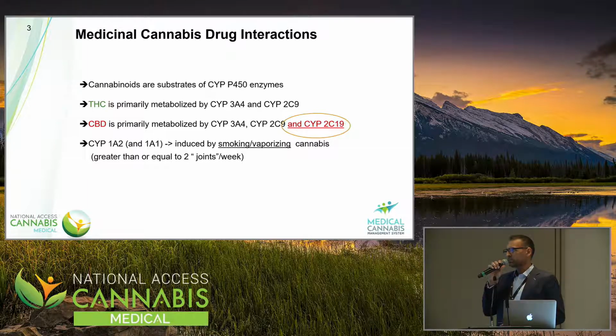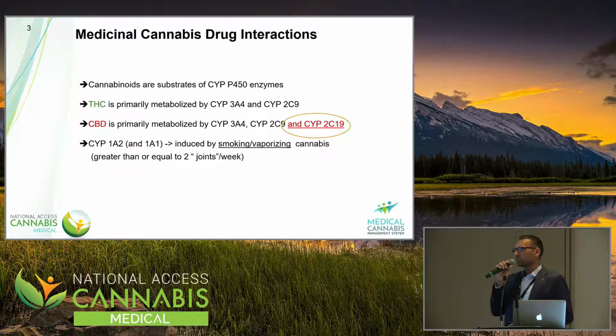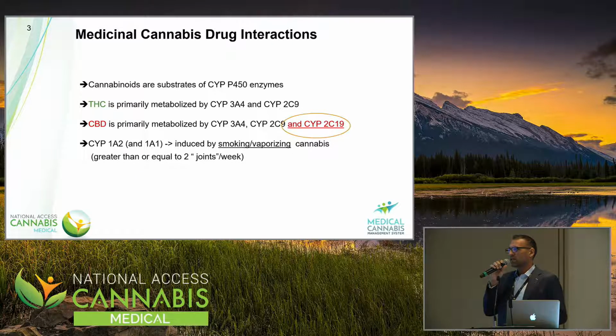When they've looked at studies on this, they actually did it using joints. If somebody is inhaling 2 or more joints per week, that's when they saw the induction in these enzymes, at 1A2 in particular.